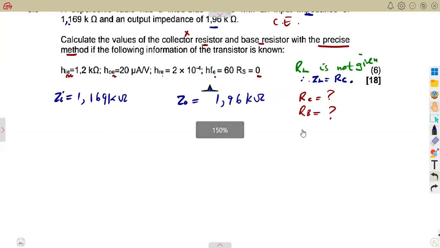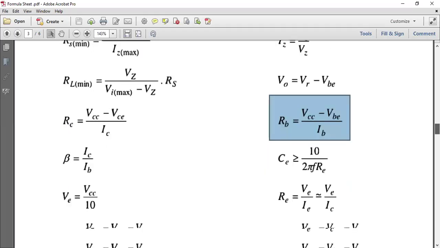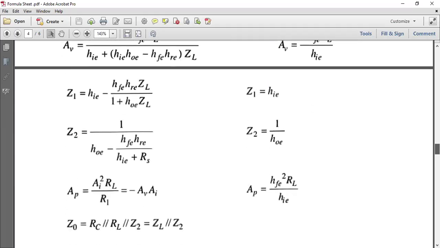So if it is like this, the question is, how are you going to obtain RL, the RC and the RB? Because ZL and RC are equal, we can see from the input. I want us to get back to our input. I need you to be very, very careful with your formulas here.